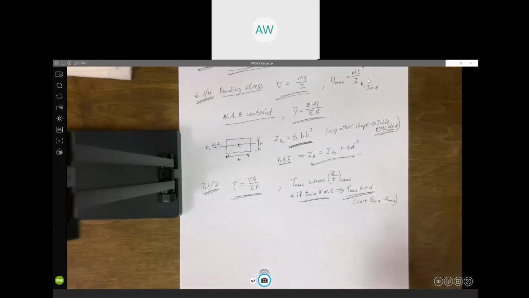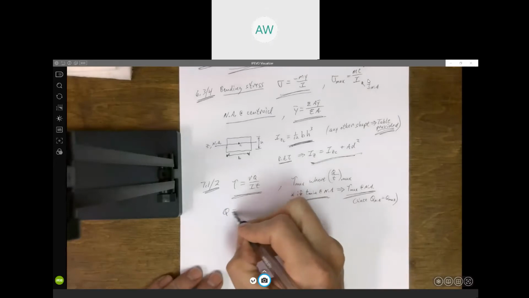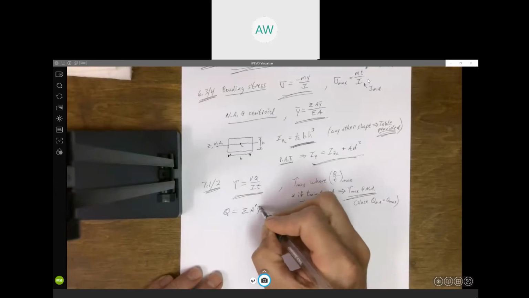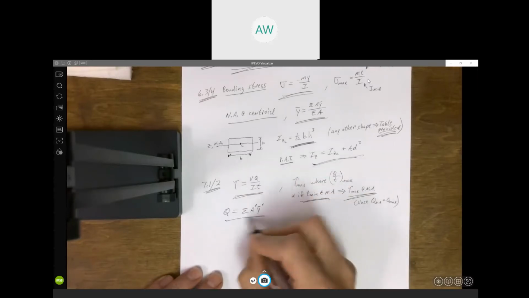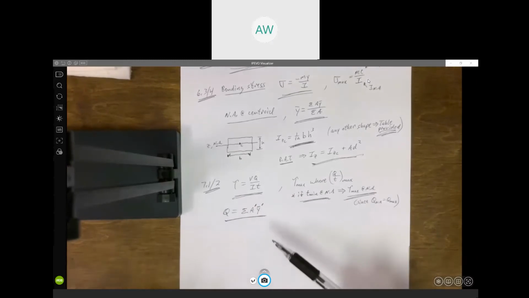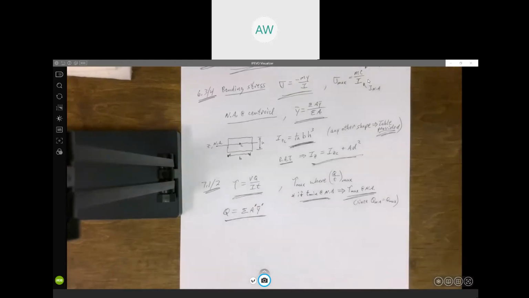So you need to find Q at the neutral axis. Now, to calculate Q, the notation the book uses is A prime times y bar prime, where A prime is the area above that point on the cross section, and y bar prime is the distance to the centroid of that area, A prime.